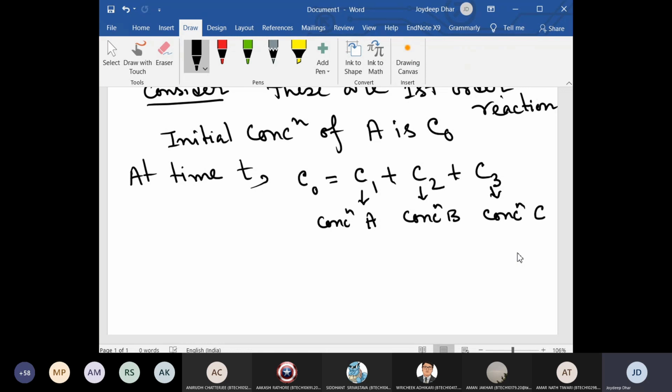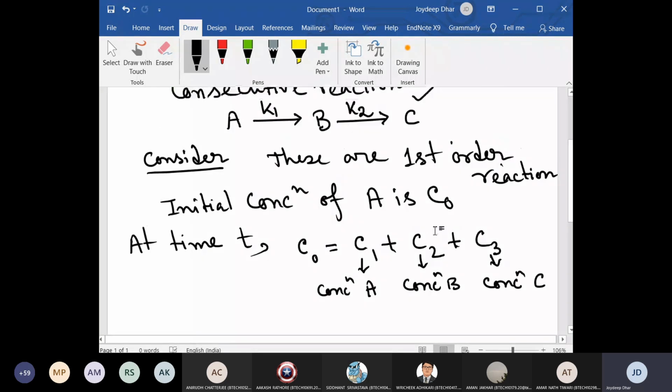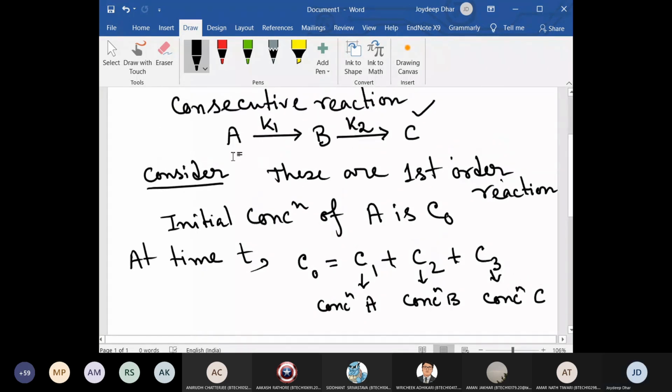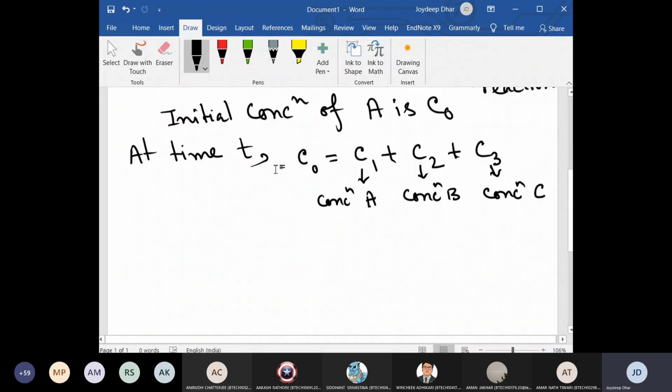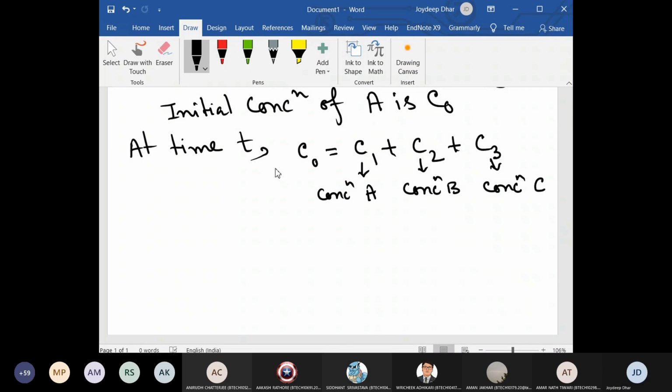Now I can say, the reaction you can write in terms of different components. You can say the component A. If you see the reaction, A is disappearing. So the disappearing of A, I can write minus dA dt.